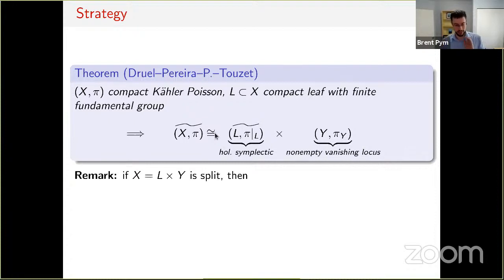So let me make a couple more remarks about the statement. So first of all, if you know already that the manifold is split as such a product, then you can observe that the tangent bundle of X must split as a direct sum of the tangent bundles of the two factors. And moreover, this splitting is orthogonal with respect to the pairing given by pi. So pi is a pairing on the cotangent bundle, which of course is also split.